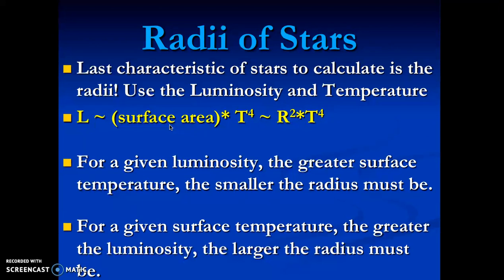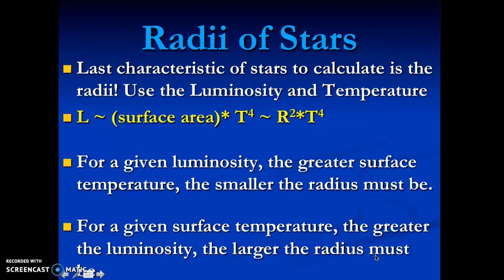So that means the luminosity is proportional to the radius of the star squared times temperature to the fourth. For a given luminosity, the greater the surface temperature, the smaller the radius must be. For a given surface temperature, the greater the luminosity, the larger the radius must be.